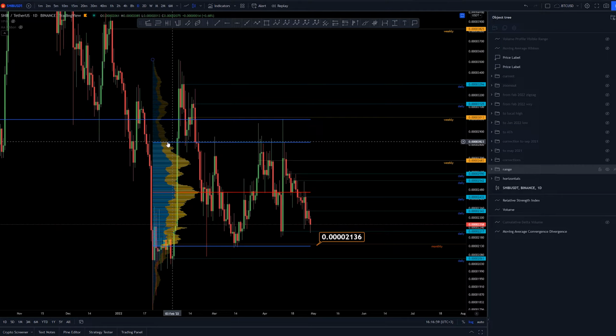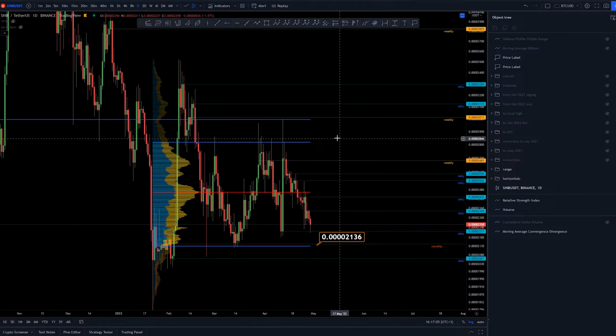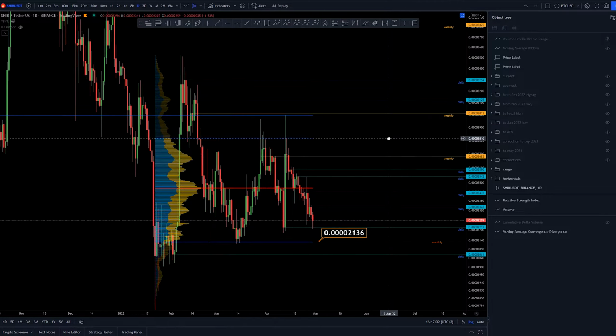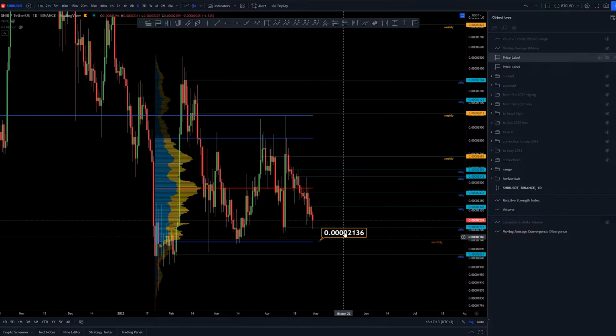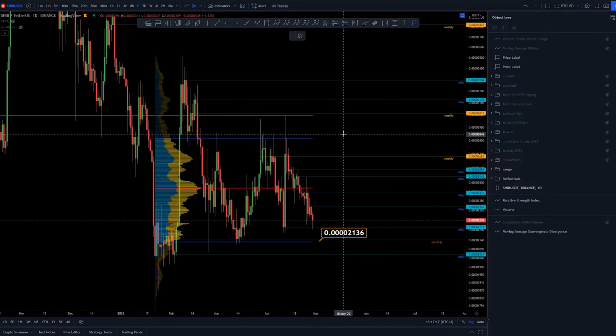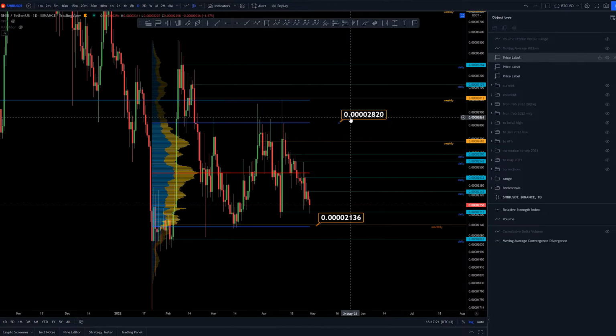Above us we've got this range value area high of this small range from the 22nd of January to current price. That has been tagged multiple times as well, so it is my feeling that whichever way we decide to go to these levels, we might be going through them.